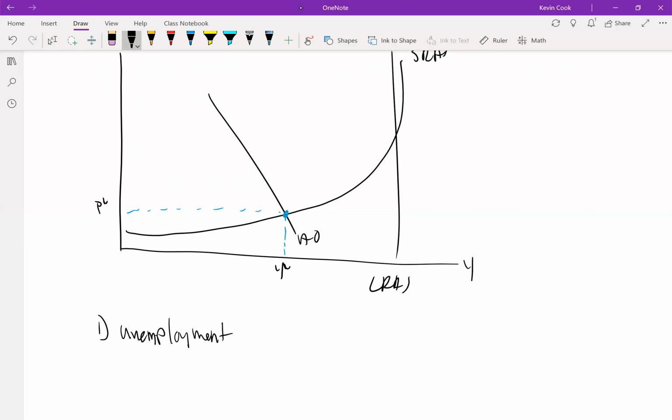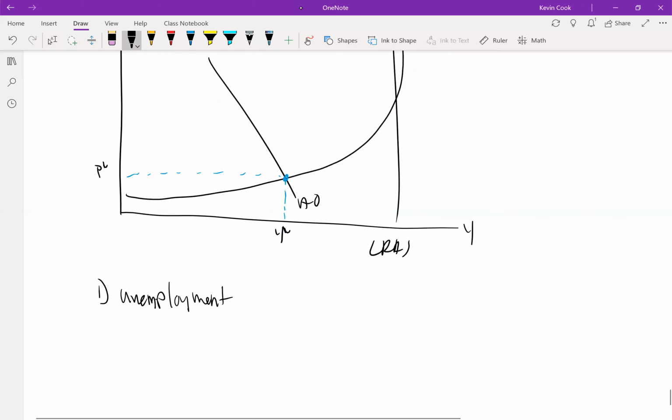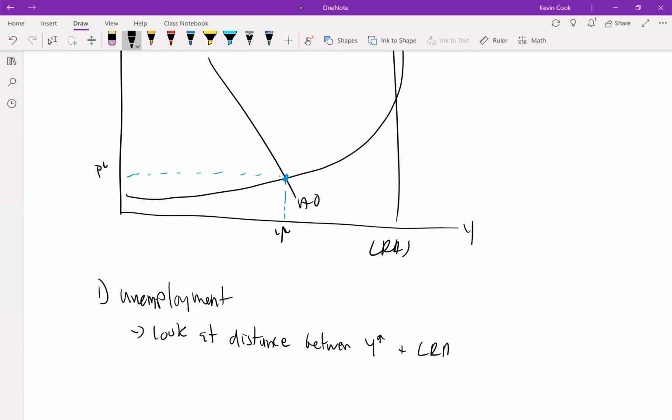Is unemployment high, low, medium, or what? If we're not making a lot of goods, we can infer that unemployment is relatively high. So for unemployment, we look at the distance between our GDP, or our output, and our long run aggregate supply. This little bit is our unemployment.